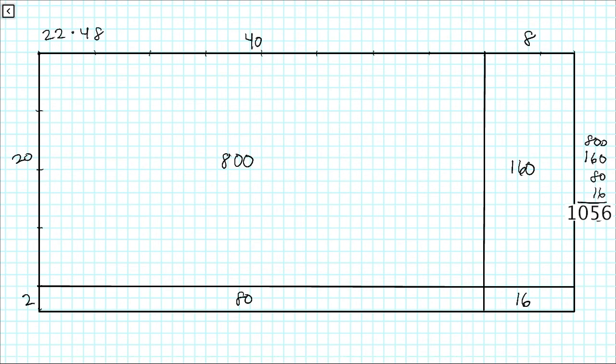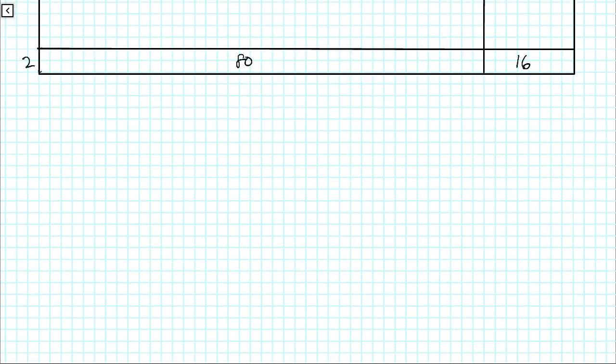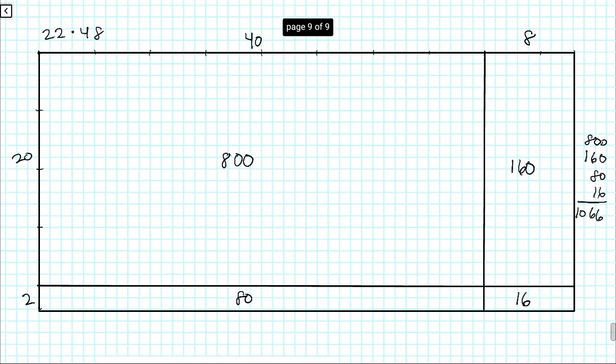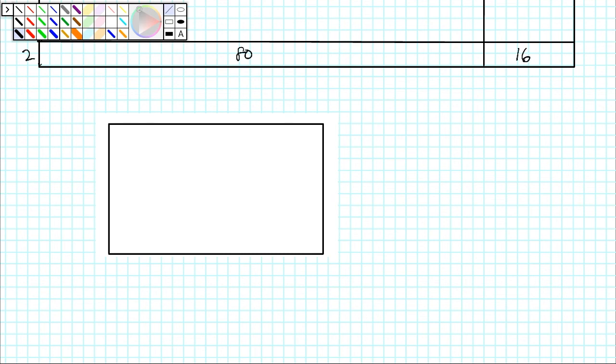Okay, and finally I want to show the flexible grid version. So the flexible grid version is one where I don't necessarily care to have exactly 1066 individual squares represented in there. I just see this as a representation of this same more detailed picture. So with this one, I'm going to make my rectangle, and I'm going to divide it up along the place value lines.